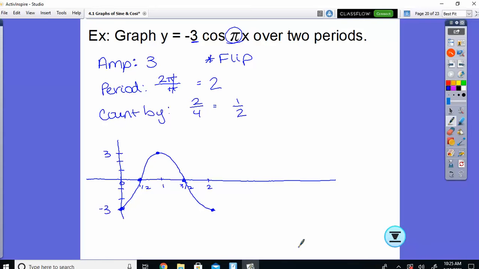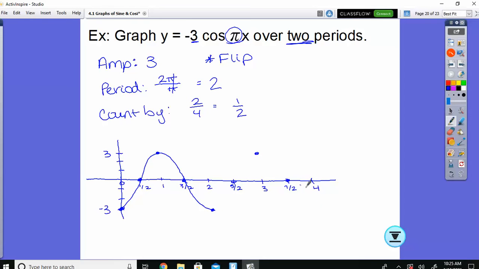But I asked you to draw 2, so what do we do? We need 4 more points. Just keep adding 1/2. So that would give me 5 over 2, 3, 7 over 2, and 4. And then keep following your path.